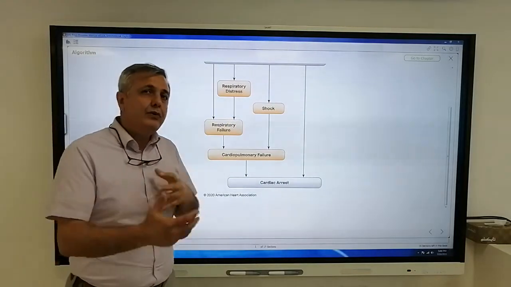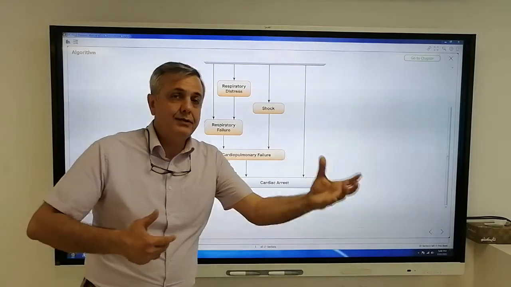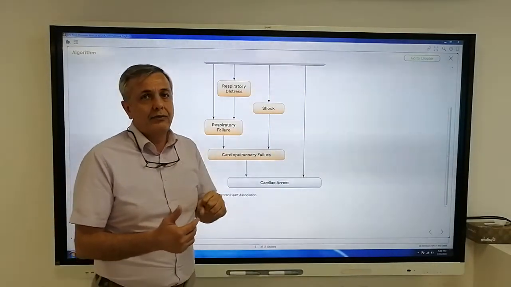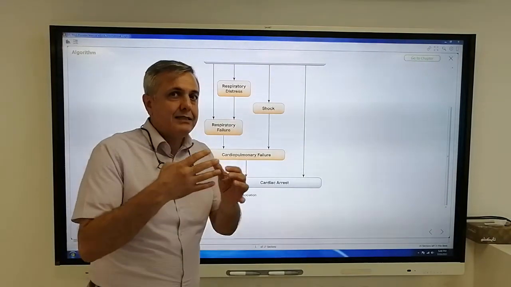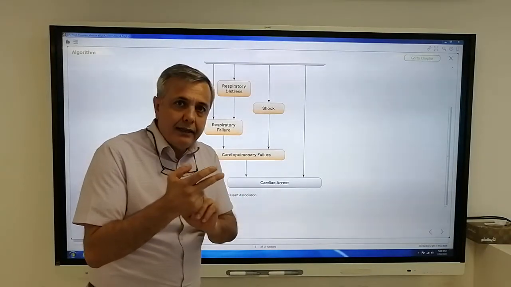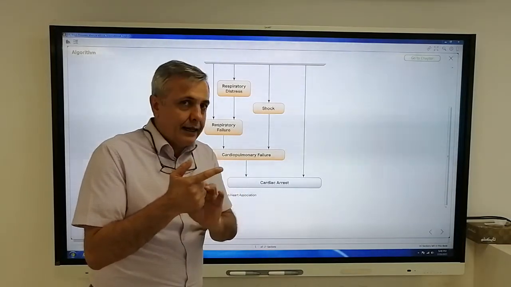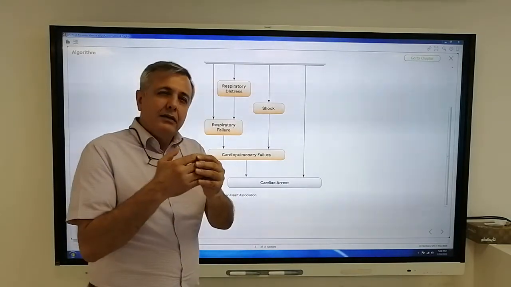How do you tell the difference between respiratory distress and respiratory failure? It is related to the assessments you did: rate of breathing, work of breathing, sounds on auscultation, and pulse oximetry.